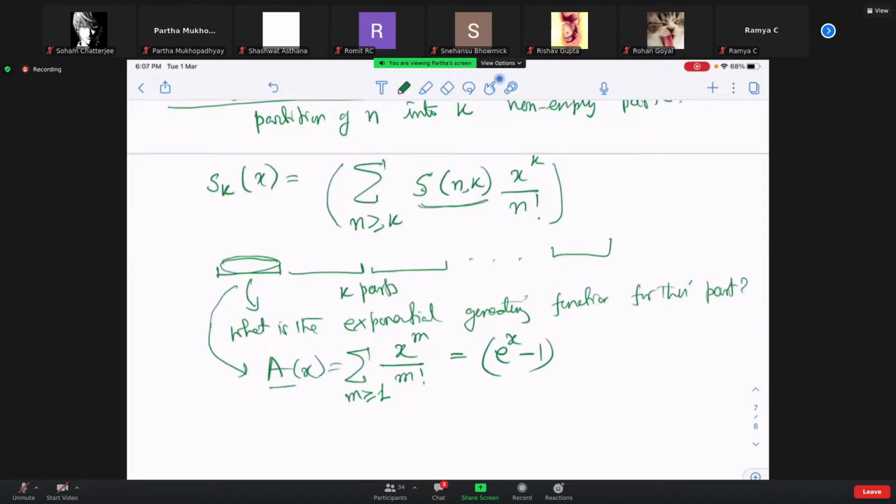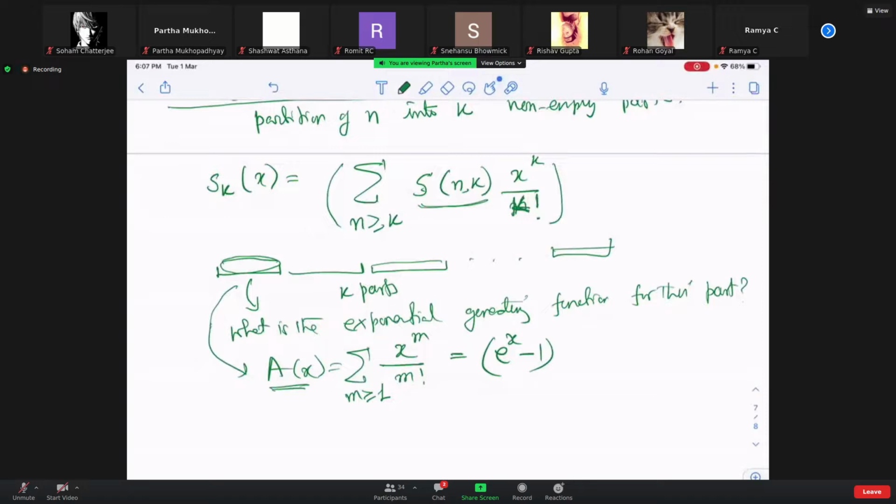And this is the same generating function that applies for all k parts independently. Then you can collect the coefficient of x to the power n by n factorial. Should be k. Sorry, x to the power k.